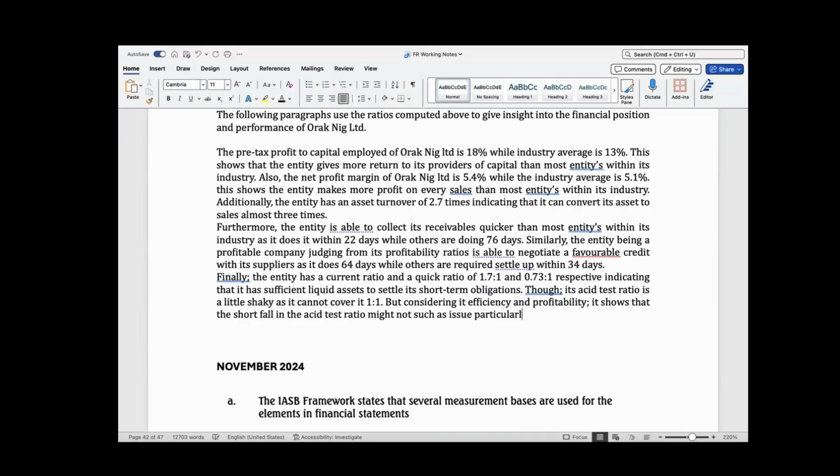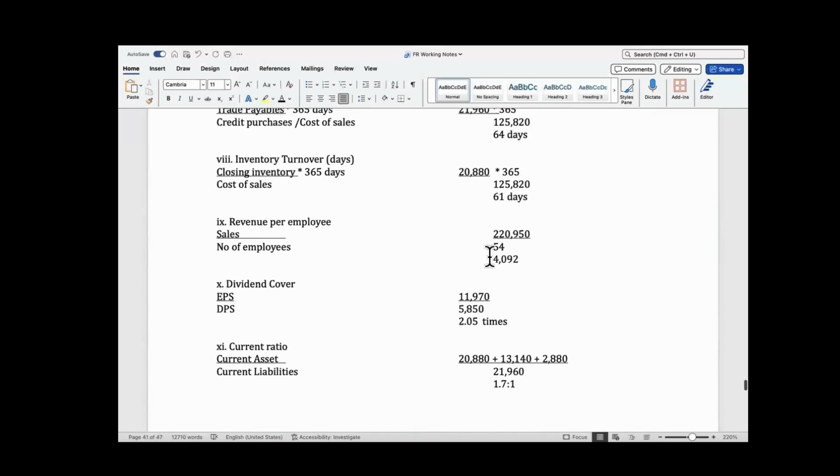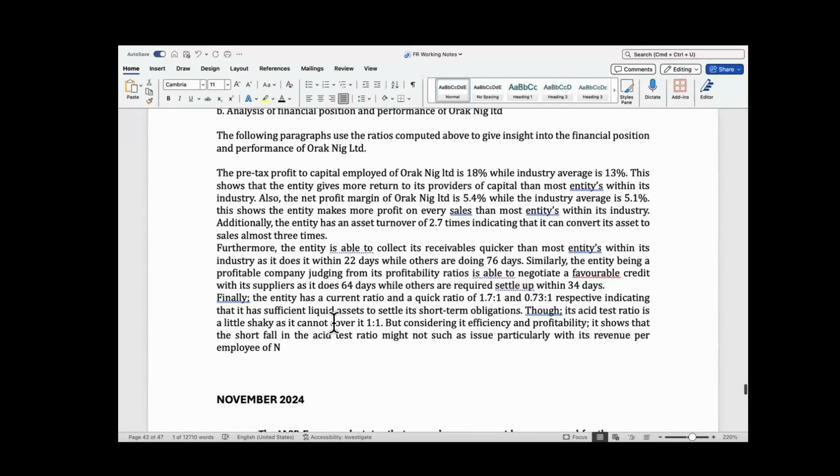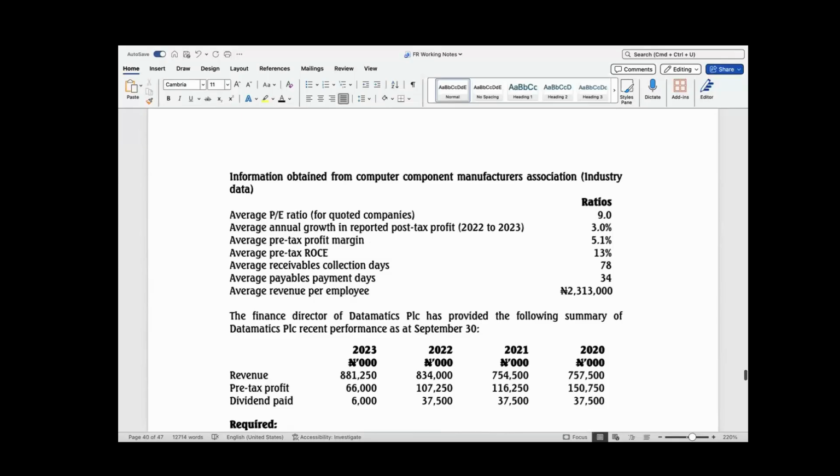particularly with its revenue per employee. How much is it doing? It's doing 4092 million, while others are doing, what's the industry doing? 2313.